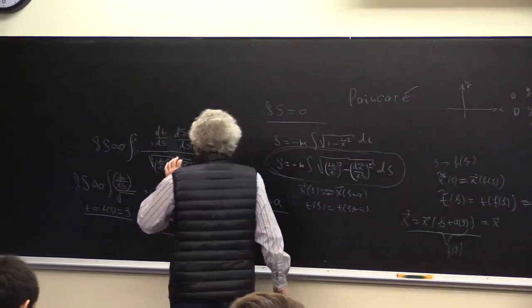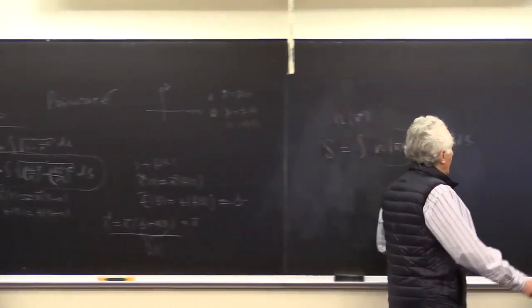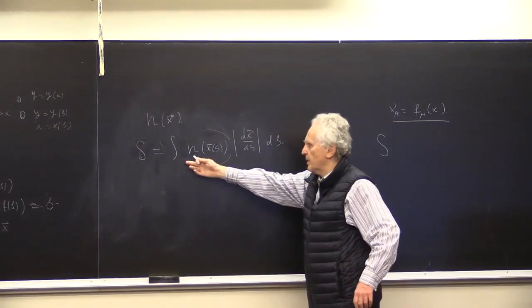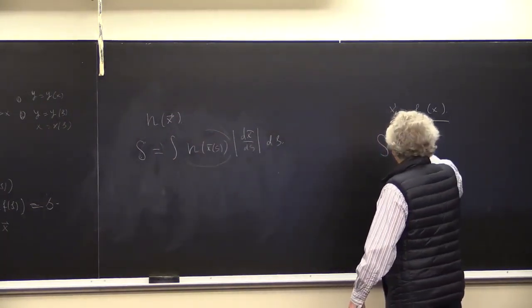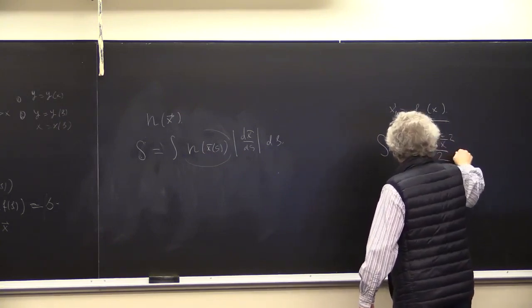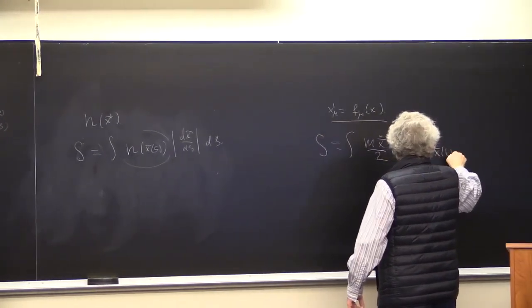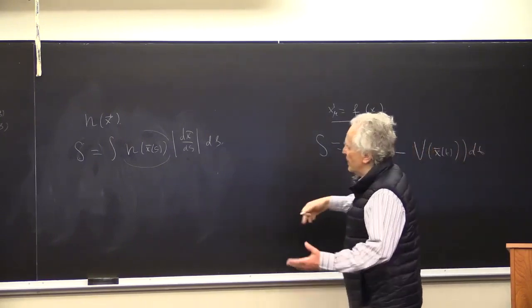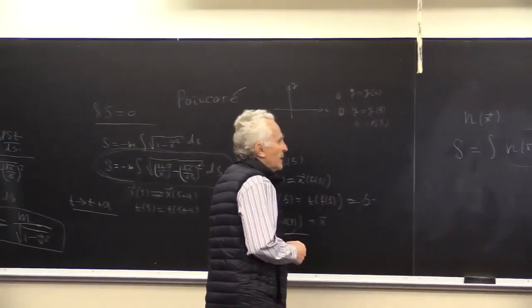What I want to discuss is the connection between this action and the other action. In this case, it was just the time of propagation for the light ray, and the other is the ordinary action for a particle. So we have these, and they look quite different, but they are related.